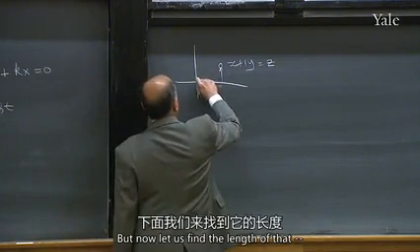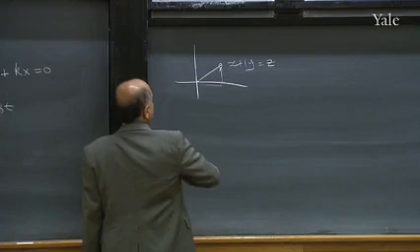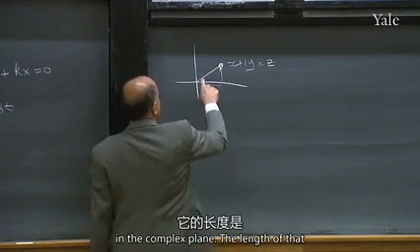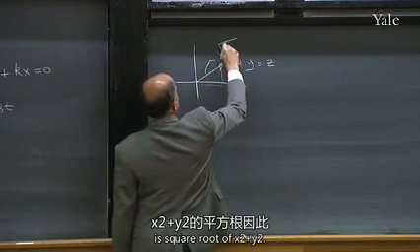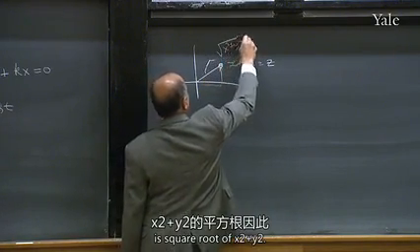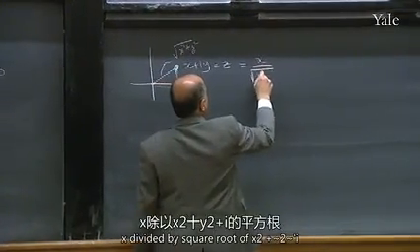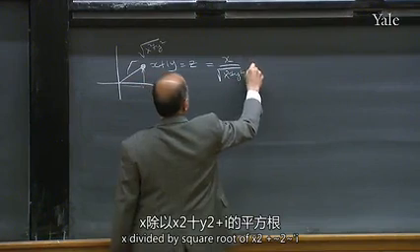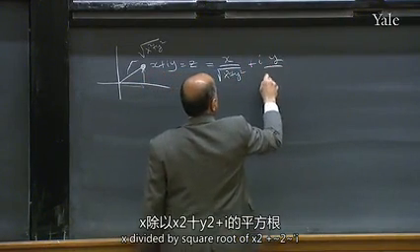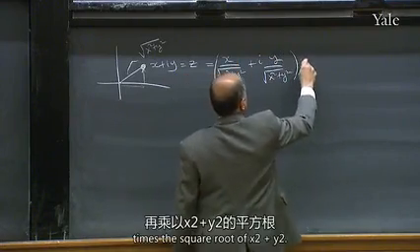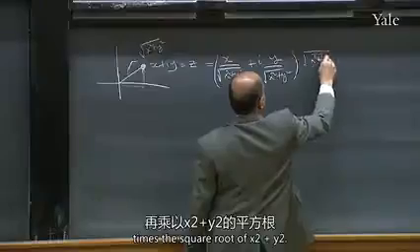But now, let us find the length of that. The complex number is a single point in the complex plane. The length of that is square root of x squared plus y squared. So I can also write z is x divided by square root of x squared plus y squared plus i times y divided by square root of x squared plus y squared, times square root of x squared plus y squared.